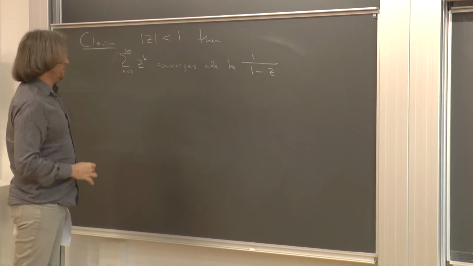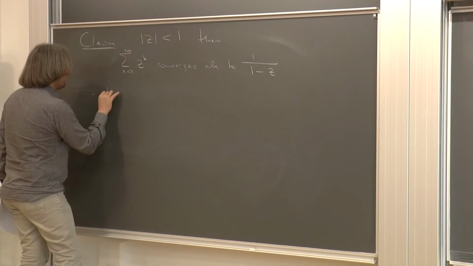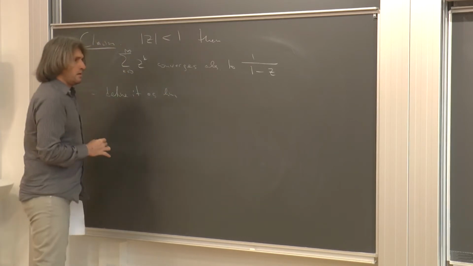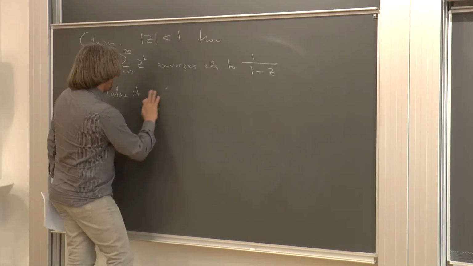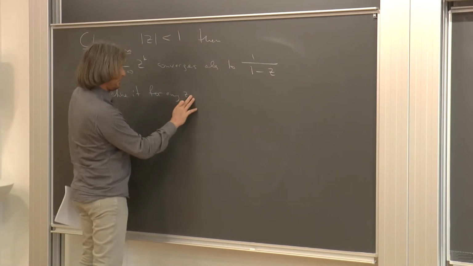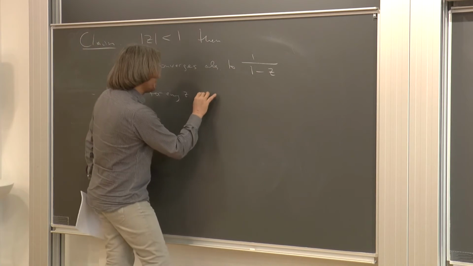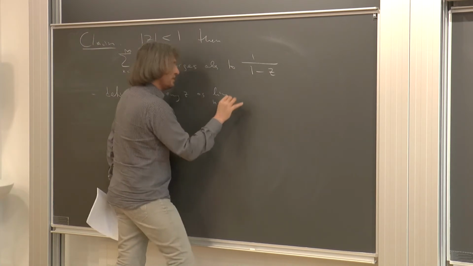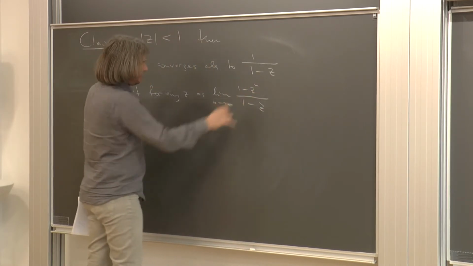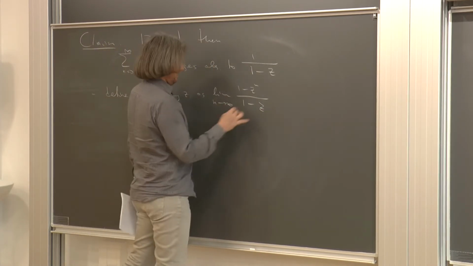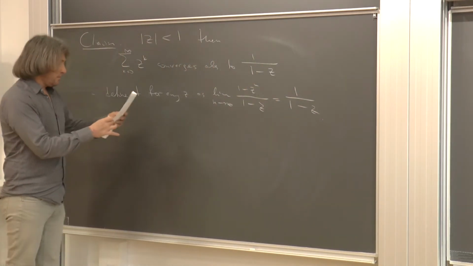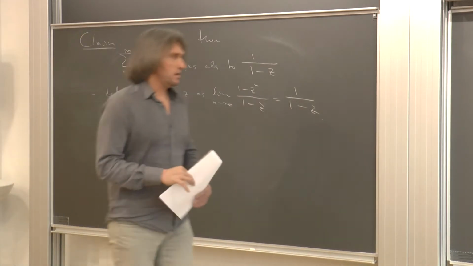And of course you define it as the limit, at any point, as the limit n going to infinity of 1 minus z to the n over 1 minus z. And certainly for absolute value of z less than 1, this limit equals 1 over 1 minus z. Okay, so this is the proof, and now about the expansion.